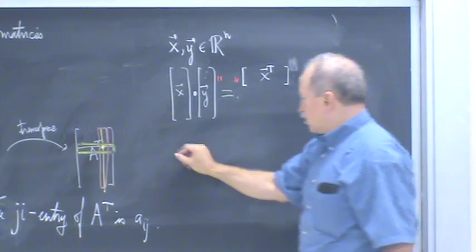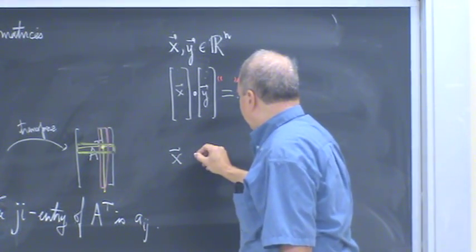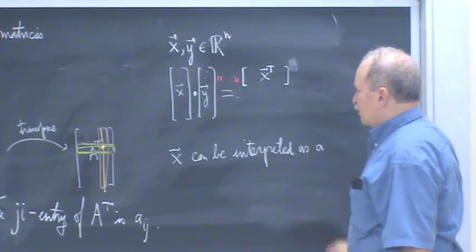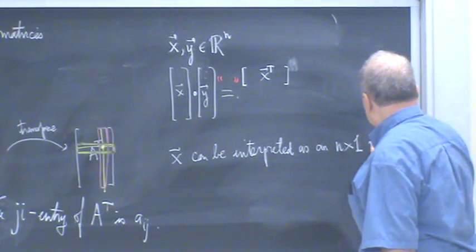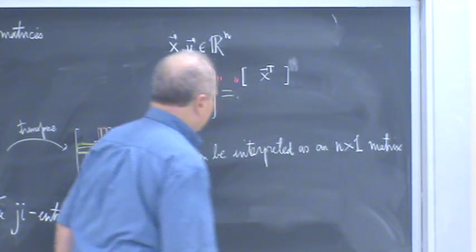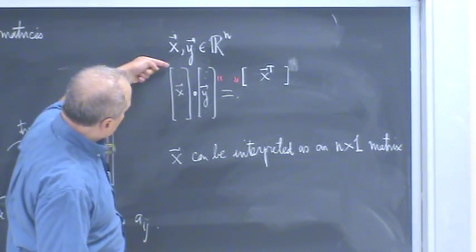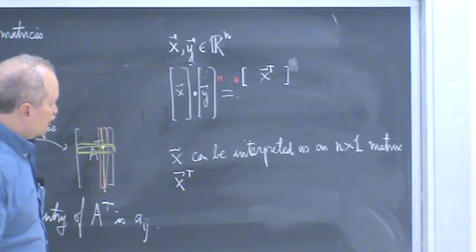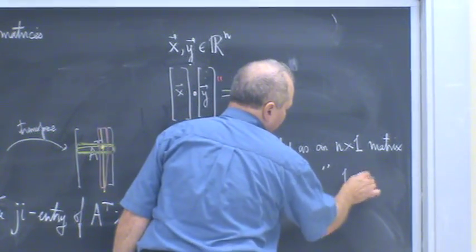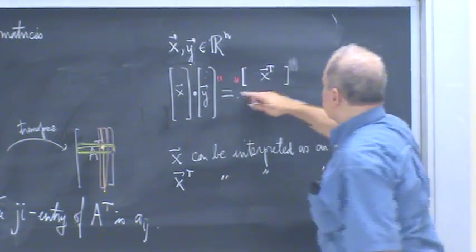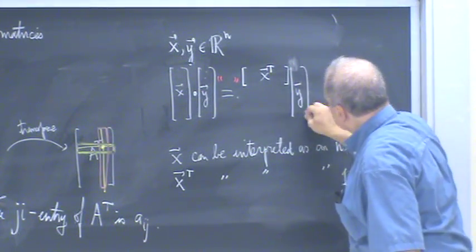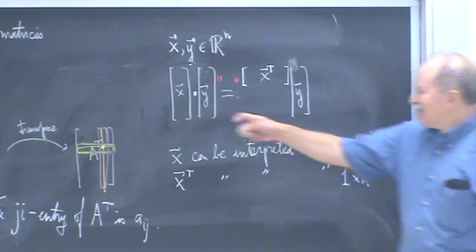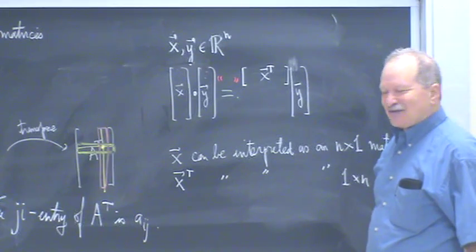A vector here can be thought of as an n by 1 matrix. A vector in Rn has n entries, 1 going this way. So when you transpose it, it becomes a what by what? Okay. So I'll turn it on its side, and then I'll multiply it by y. Now, according to the rules we have for how you multiply matrices, what do you get when you do that? A 1 by 1 matrix with the dot product as the only entry.